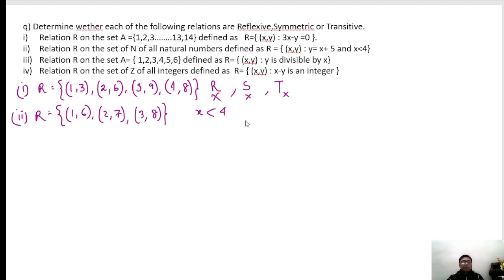So now let's see, do we have 1 1? No, so it will not be reflexive, because in reflexive what should be there? A R A, the same coordinate should be there. We don't have it. Is it symmetric? If you have A R B, then you should have B R A. So 1 6, is 6 1 there? It is not there, so it is not symmetric. Now let us see.